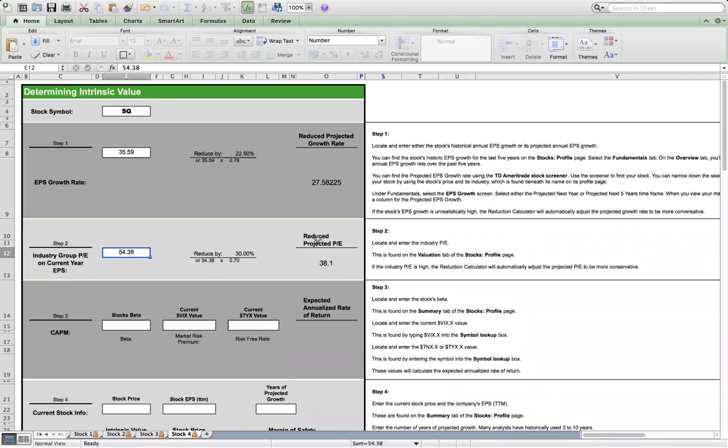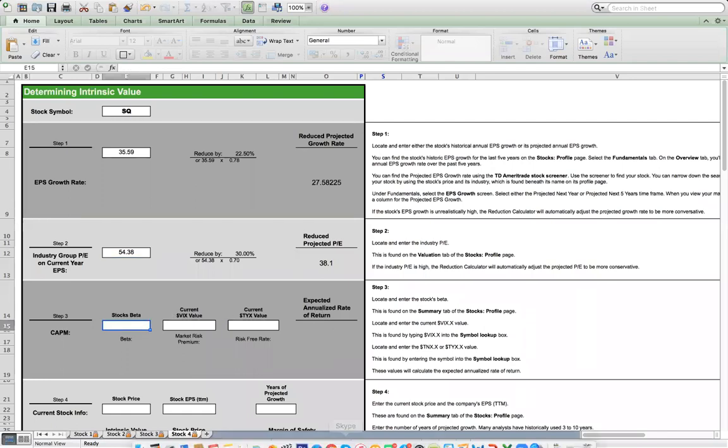Then it'll give you the reduced projected PE of 38.1. And then that other ratio or equation that I was showing you before with the expected rate of return, the ROR, the beta, and the market risk premium.